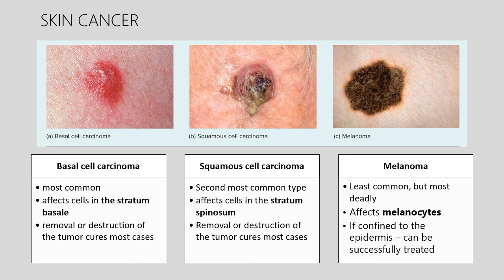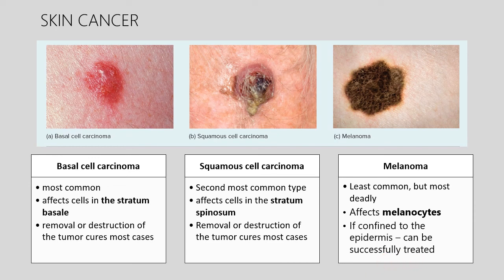You should check if there are unusualities with the size, the characteristic, the appearance of the moles. The treatment of melanoma: if it's confined to the layer of your epidermis, it is easy to treat, and treatment is almost always successful.